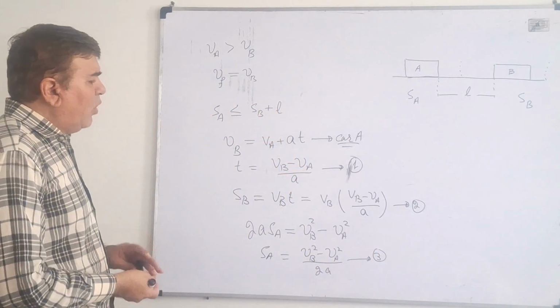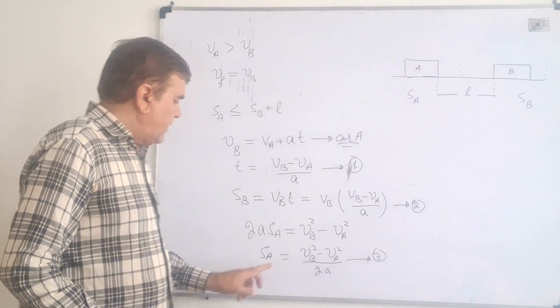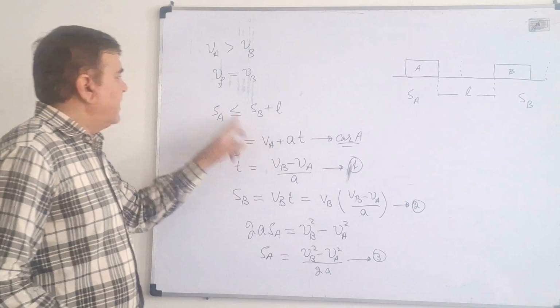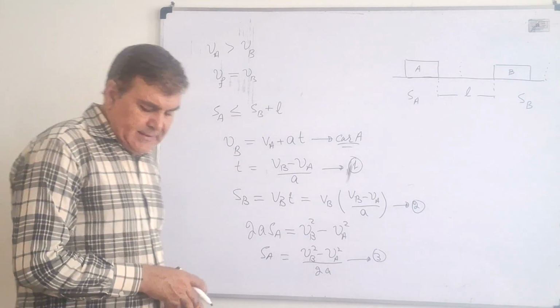Now I want to put the values of SB from equation 2 and SA from equation 3 in the given condition and solve this.